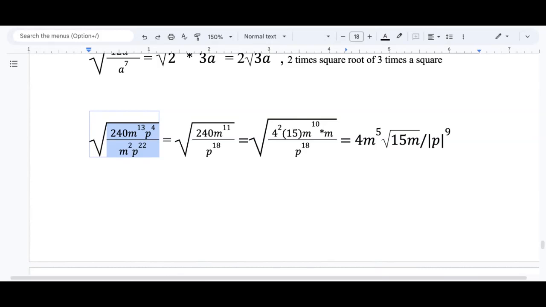M raised to 11, we split into m raised to 10 times m. So the square root of m to the 10 is just m raised to 5. The square root of p raised to 18 is the absolute value of p raised to 18 divided by 2, which is 9. What's left? See 15 and the m left inside the radical sign.